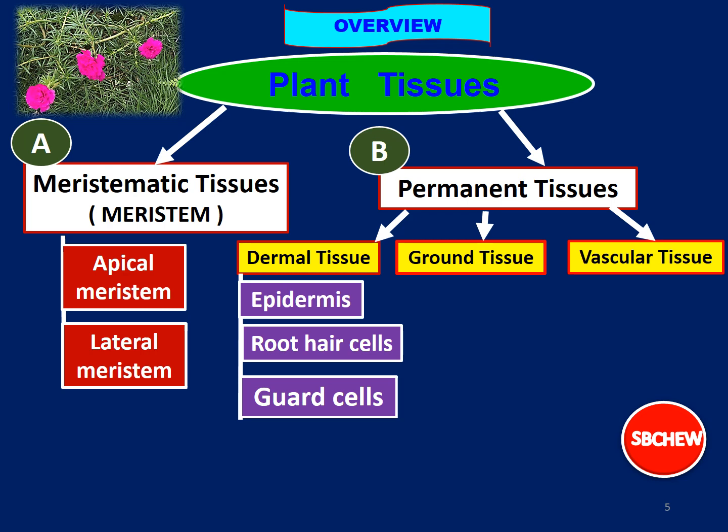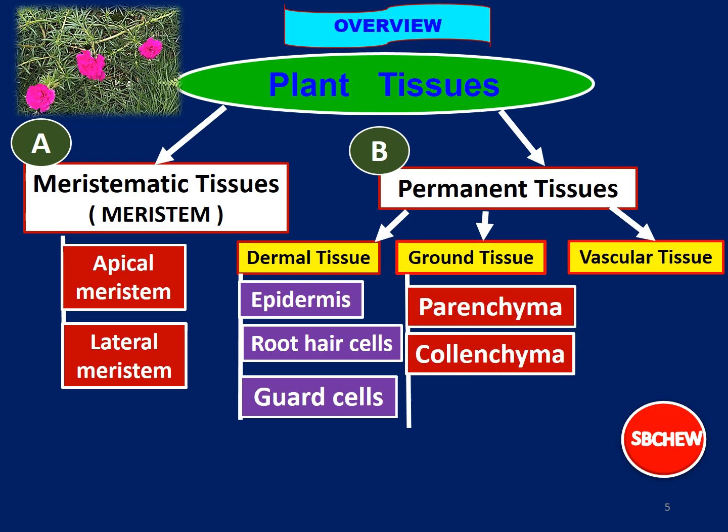For ground tissue, there are three main types: parenchyma, collenchyma, and sclerenchyma. Generally, ground tissue is used to give support to the plant, and some types of specialized ground tissue are involved in photosynthesis and storage of food.